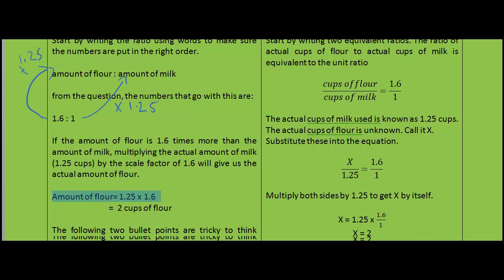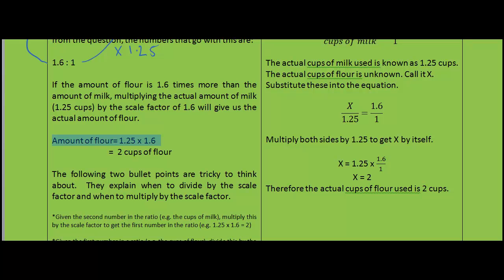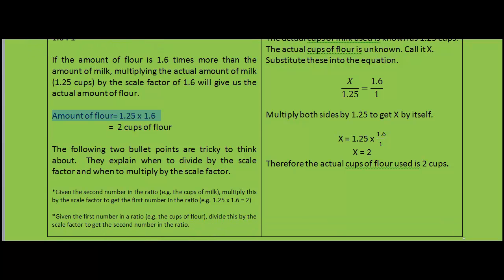In this situation, we see that we have multiplied by the scale factor. Please consider the 2 bullet points below to make sure that you understand when to multiply by a scale factor, as we have done in this example, and when to divide by a scale factor, as we did in the previous example.